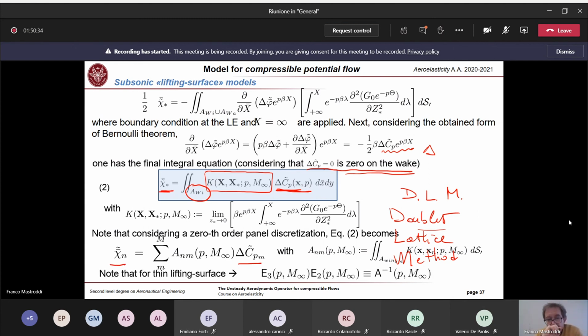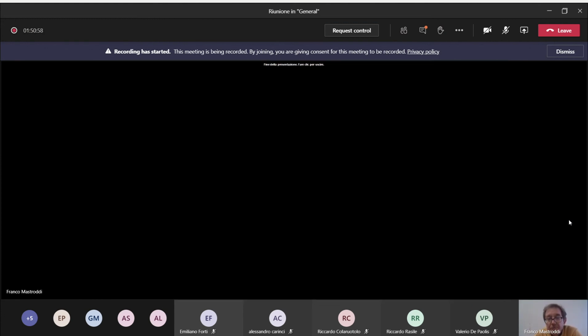At the end, we have a unique matrix including the E3 contribution and E2 contribution, just transforming the normal wash into the delta Cp, directly skipping the intermediate step of the velocity potential here. Finished.